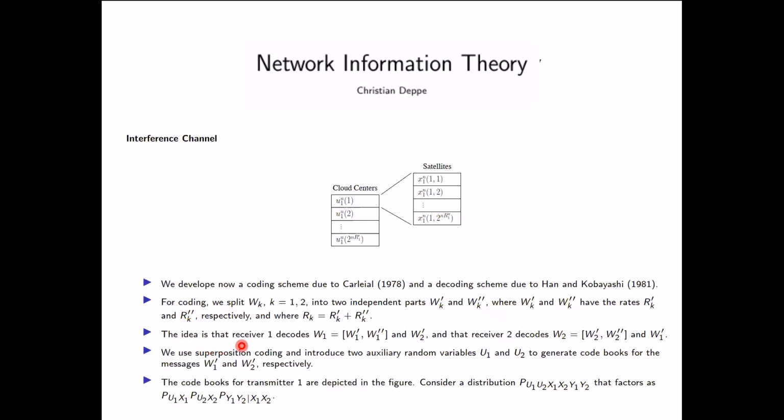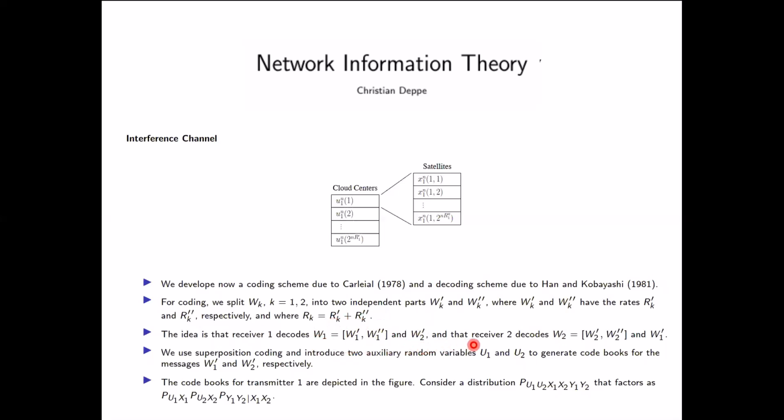And now the idea is that receiver 1 not only decodes W1, which corresponds to W1' and W12', he also decodes W2'. And you will see this helps us. Later he throws away this part here, but it helps us in achieving better rates.